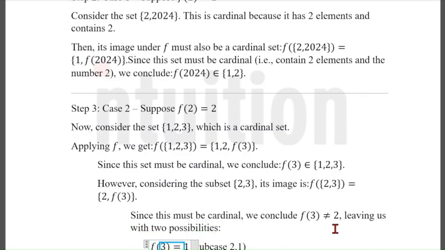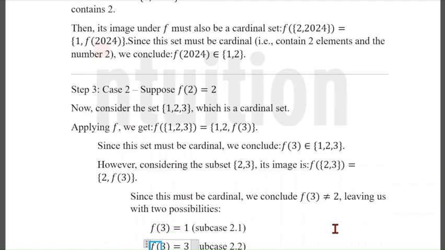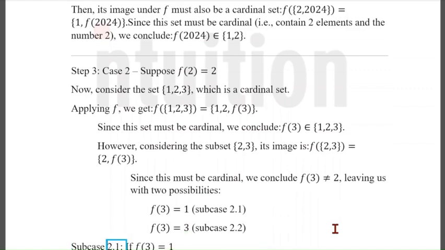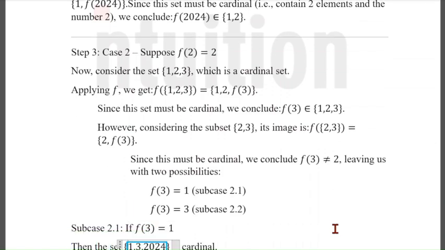f(3) = 1, subcase 2.1; f(3) = 3, subcase 2.2. Subcase 2.1. If f(3) = 1, then the set {1, 3, 2024} is cardinal.